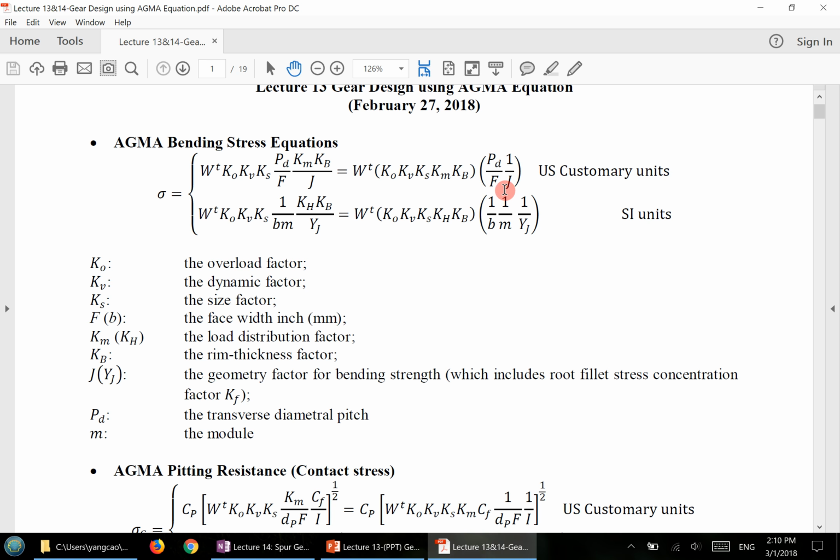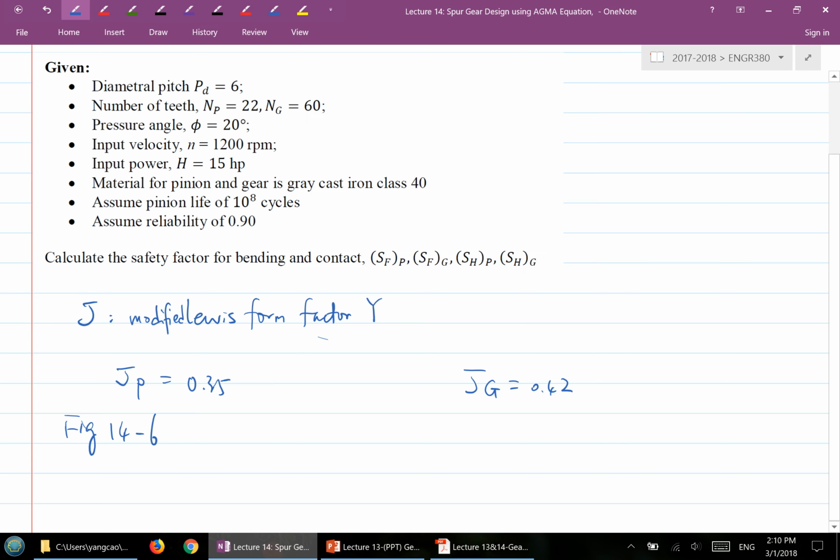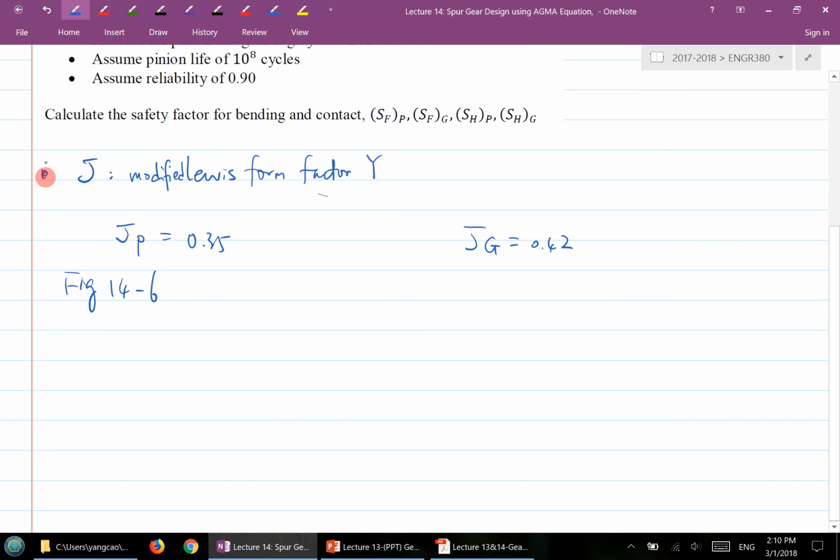So that means as you have a higher number of teeth, the bending stress is supposed to go down. That's the trend. When you have a higher number of teeth, you reduce the bending stress. Okay, so this is the JG value.